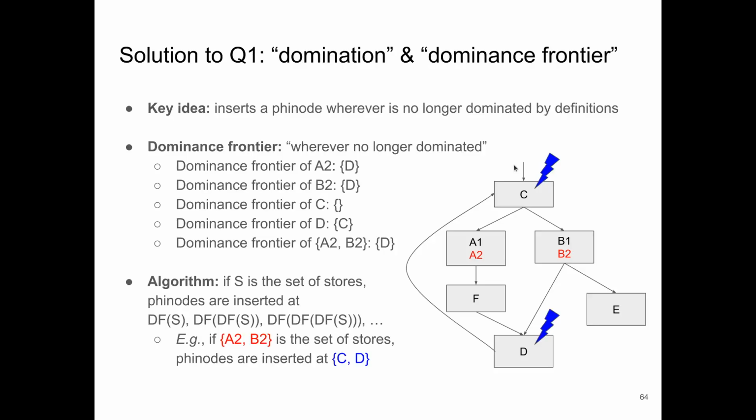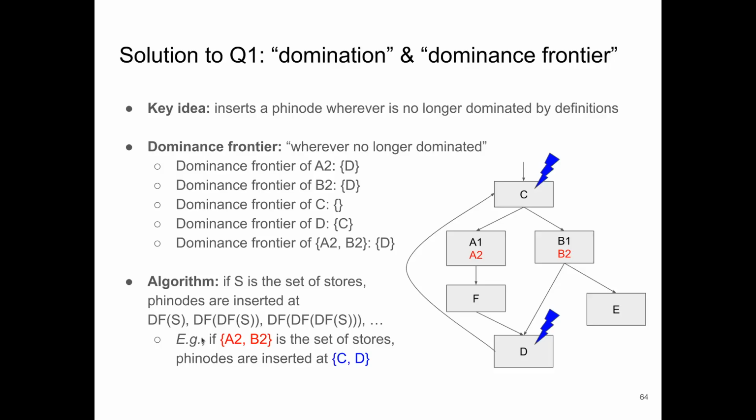So the phi nodes should be inserted not only at the immediate dominance frontier, but also at the nested, the iterative dominance frontier as well. So the dominance frontier of S should be inserted with phi nodes, and the dominance frontier of that should also be inserted with phi nodes, and so on and so on.